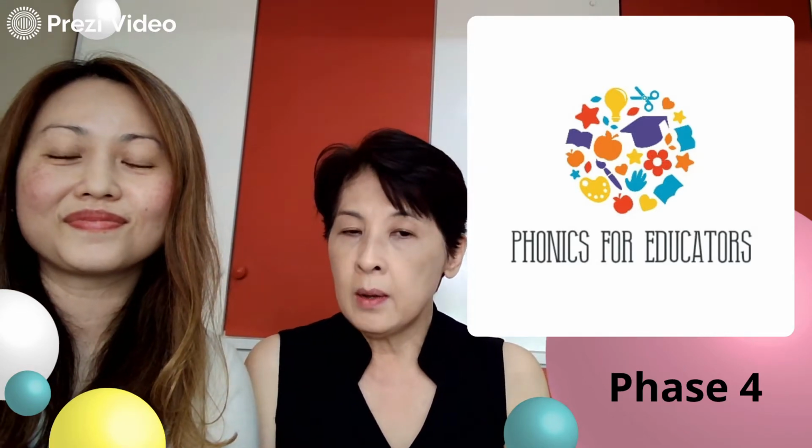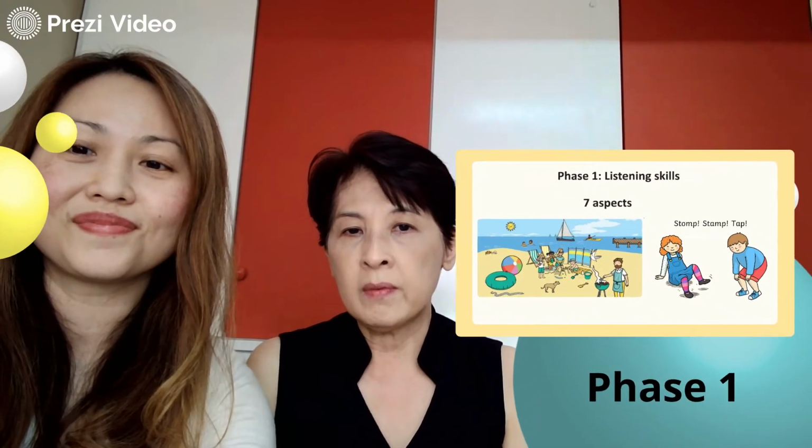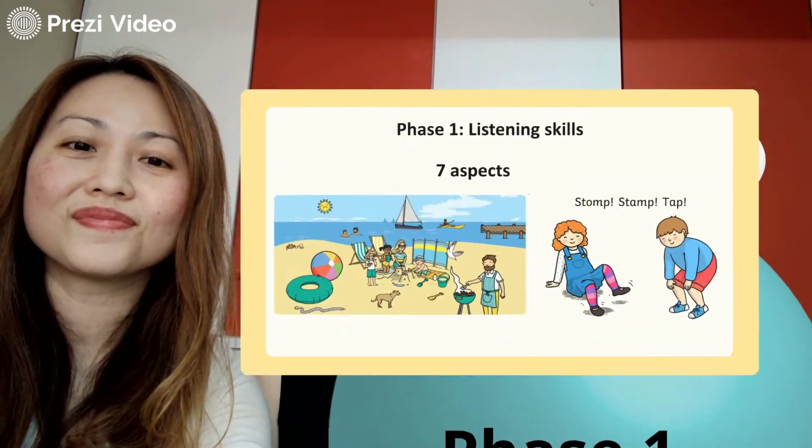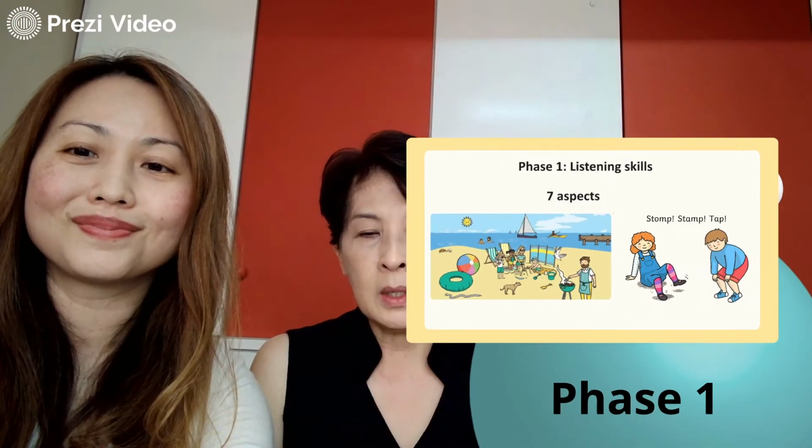And today we have another very exciting video, and this video on phase 4, we are going to revise all that we've done so far. Yeah, so we will revise on listening skills and the 7 aspects of listening skills. And then we go on to phase 2, where we did letters and sounds.